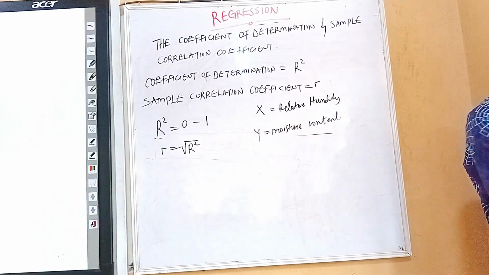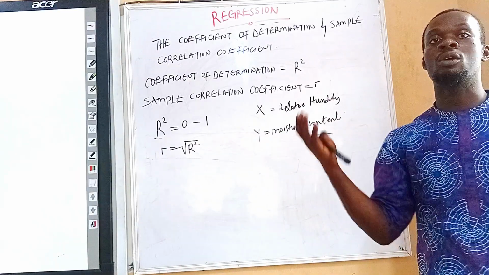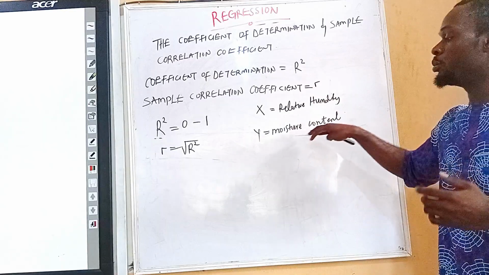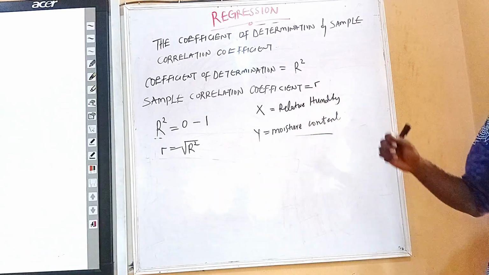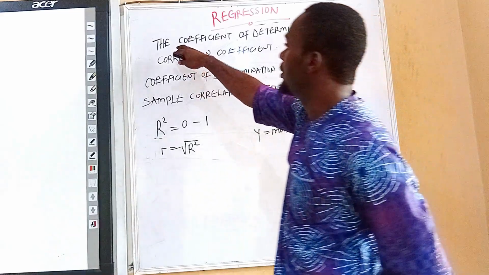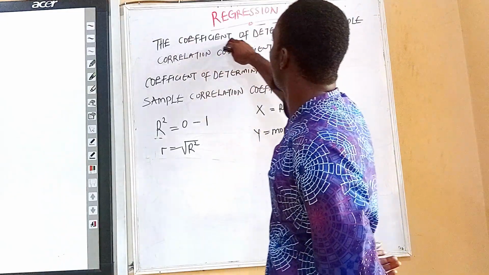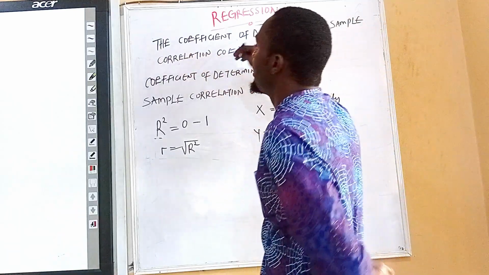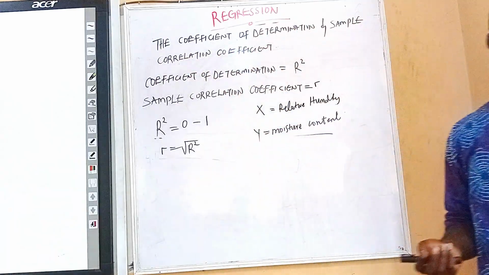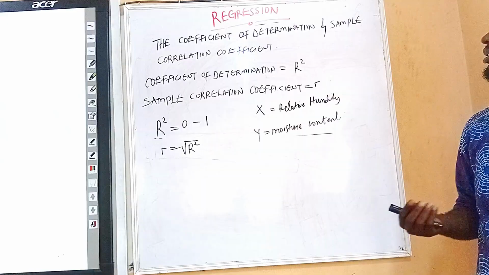They did that for 15 days, so they can build a model to predict what the moisture content will be on any day. You understand? So I think that this topic, the coefficient of determination and sample correlation coefficient, explains the results. It interprets the results per se.